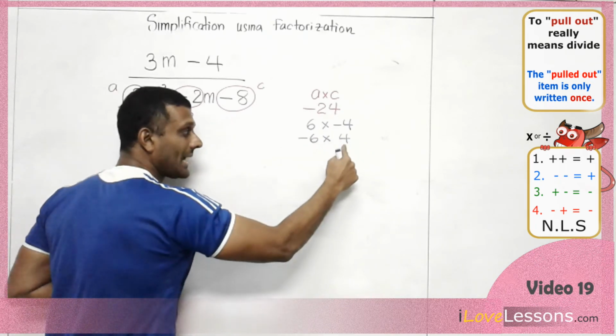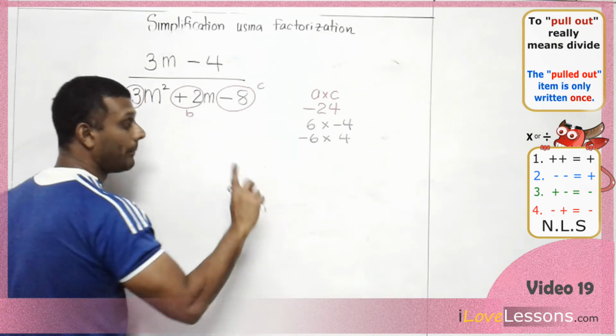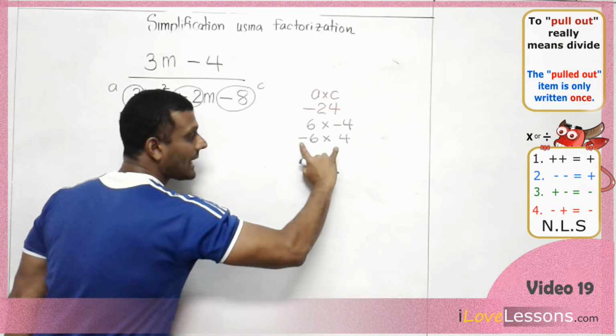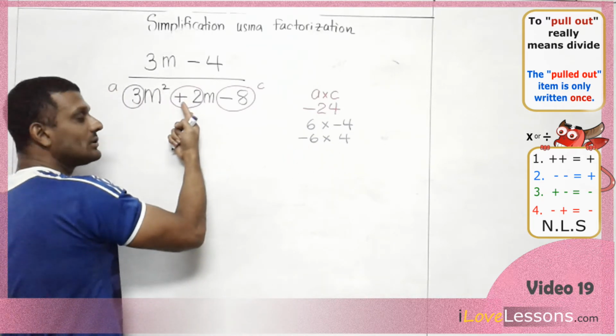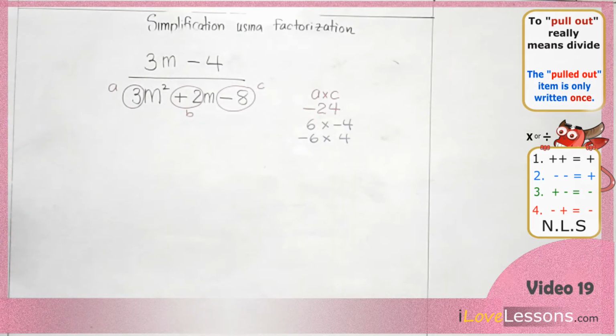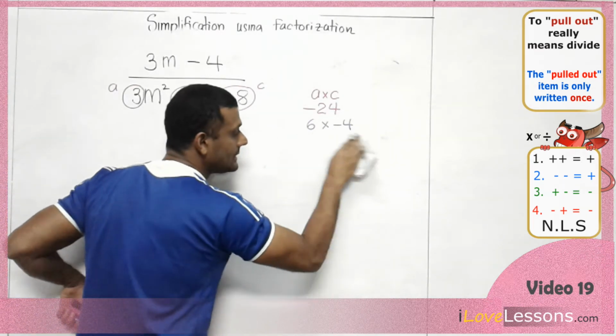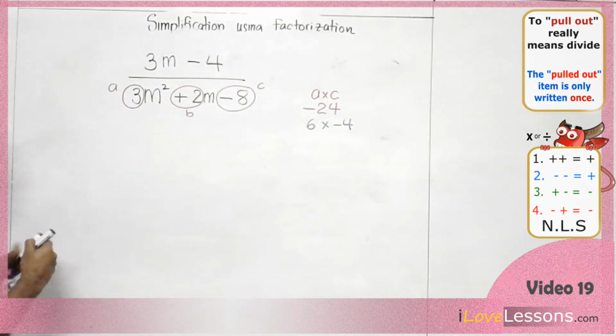If you multiply these two, you would get minus 24, no argument there. But if I add minus 6 and positive 4, I would get negative 2. I do not want negative 2. I want positive 2. So I'm not going to use the minus 6 and the positive 4. Instead, I'll use this guy here.